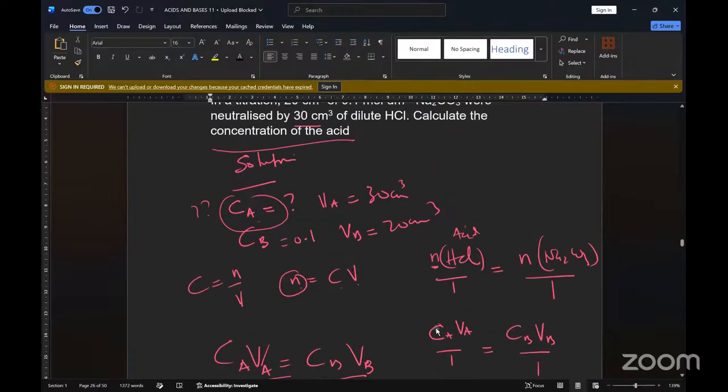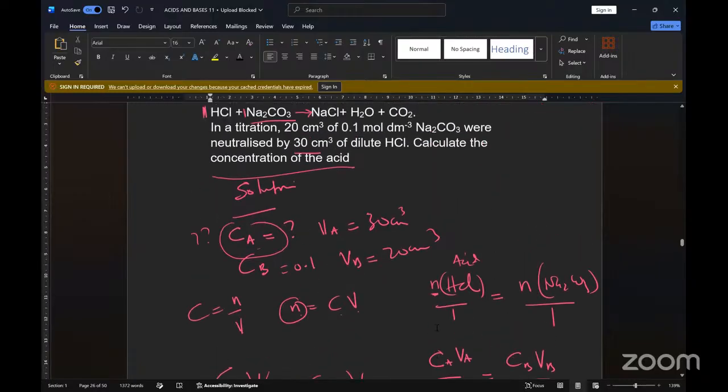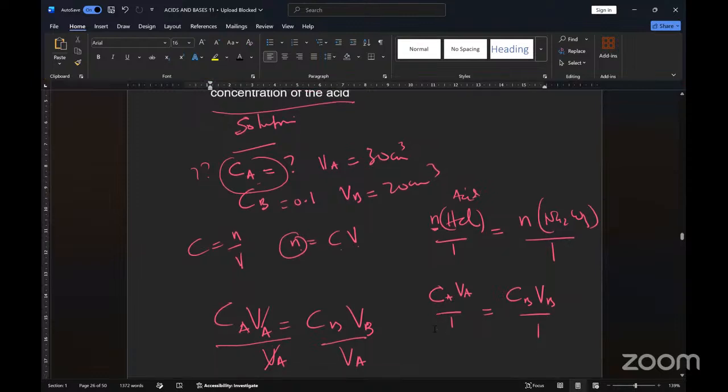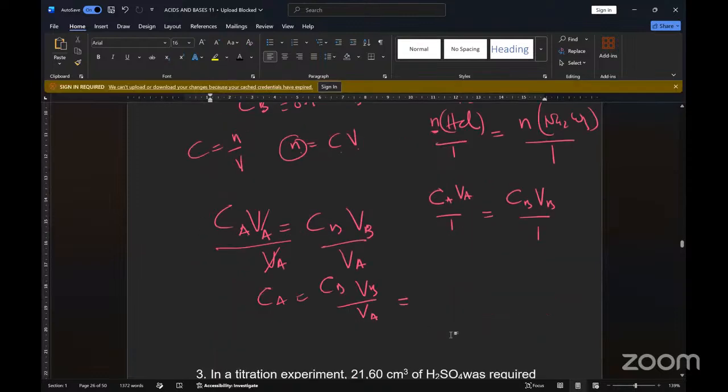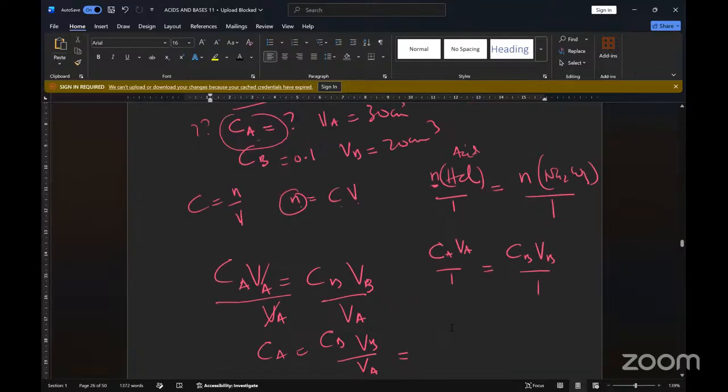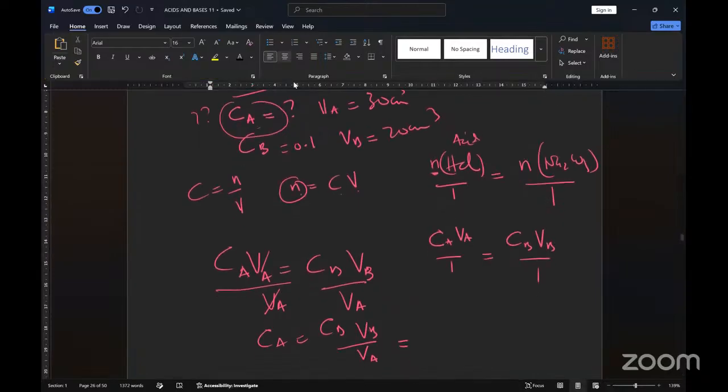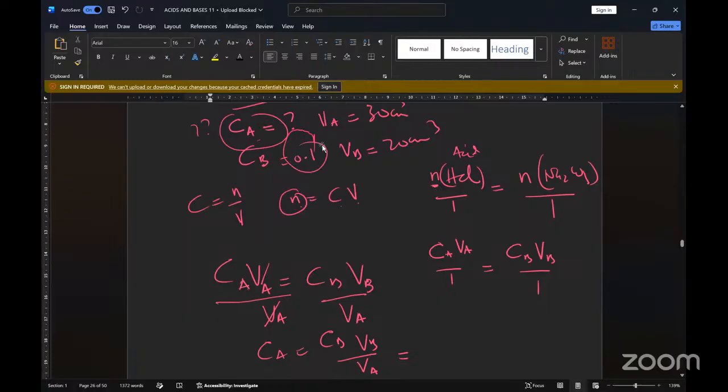Now with this one, there is no need to convert it to decimeter cube. The reason being that they are both centimeters cube. Let me just illustrate it so that you see what I'm talking about. The concentration of the base is 0.1. So we are going to put here 0.1 times the volume of the base, which is 20 centimeter cube, divided by the volume of the acid, which is 30 centimeter cube. So the centimeter cube and the centimeter cube will cancel each other.